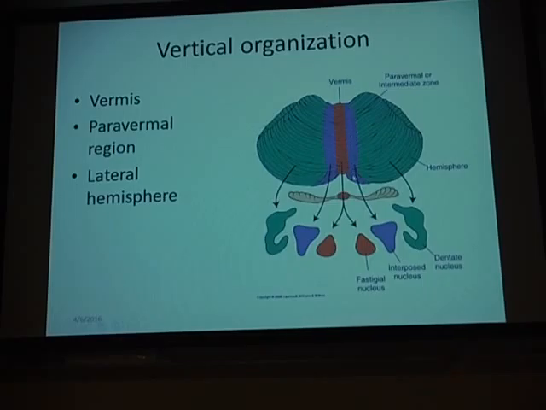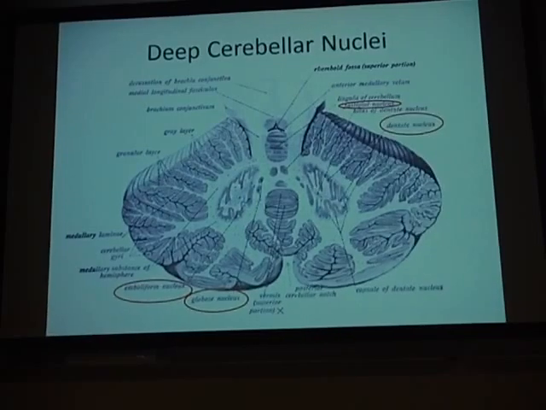So that will be referring to this area in blue. We're talking about projections to the lateral hemispheres. We're talking about this area in green, and again, it would primarily be to both the anterior and the posterior lobes. Does that make sense? It's one of those things that, like, couldn't you pick one way to do it? No, they don't have one way to do it. You'll hear both lobes and this organization used in terminology.